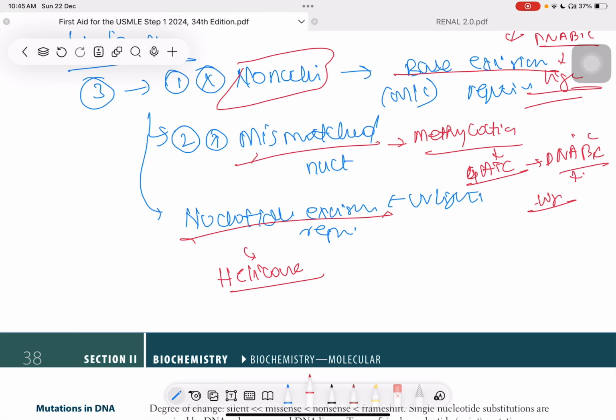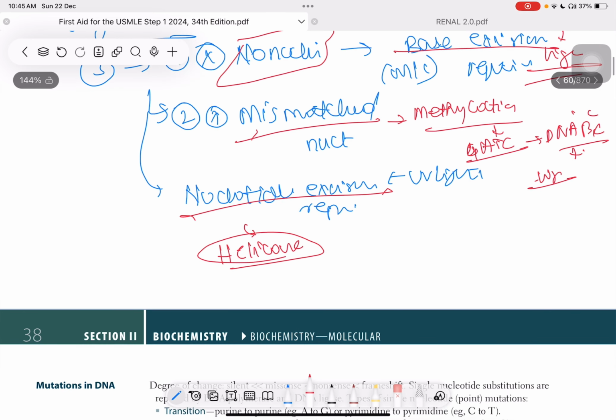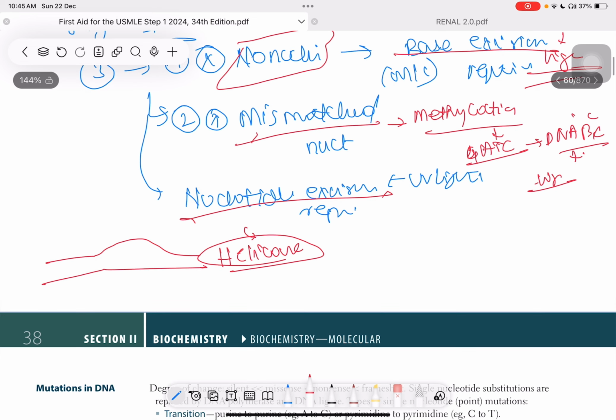What is helicase? See, you have a dimer. To remove this segment of DNA, you need a helicase which breaks down all these hydrogen bonds and opens up like this, like a replication fork.